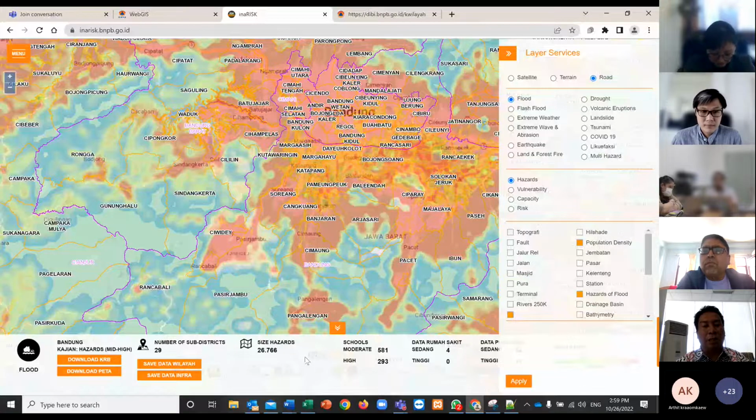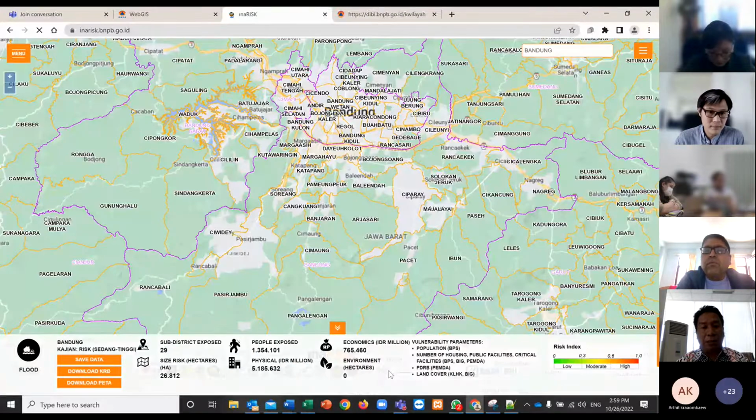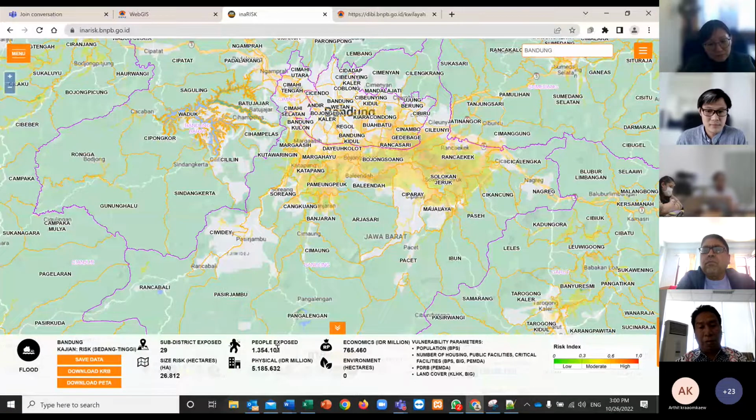The system automatically calculates here the number of infrastructure and also population, potential loss, and so on. This is one sample of the number of population exposed to flood in that district. Based on this data, we use the risk assessment to develop what we call the disaster management plan.